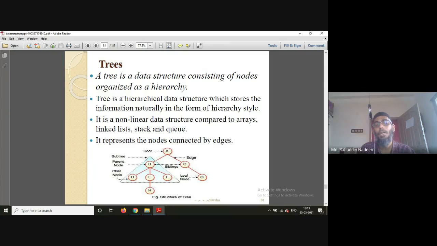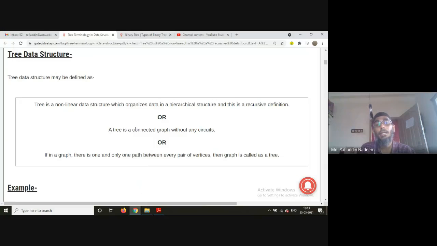Likewise, C and G become another subtree, and E and F again become a subtree.